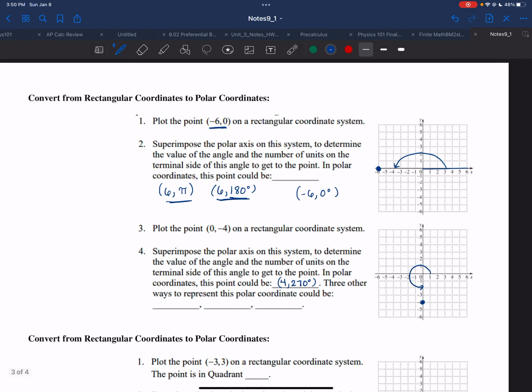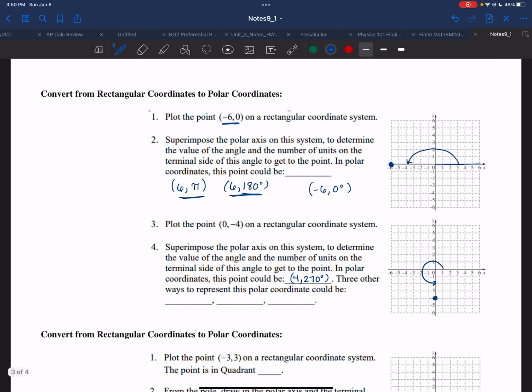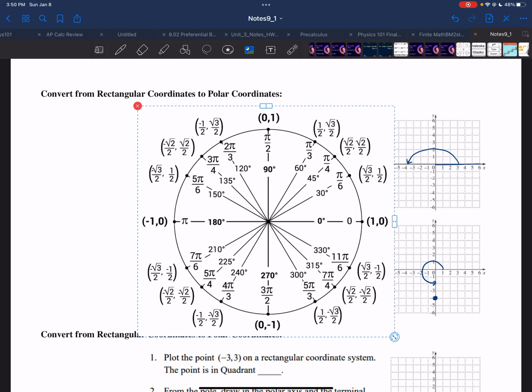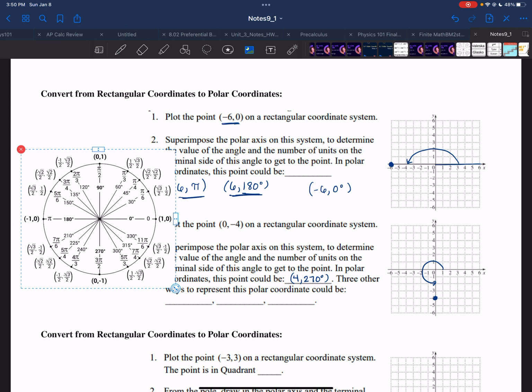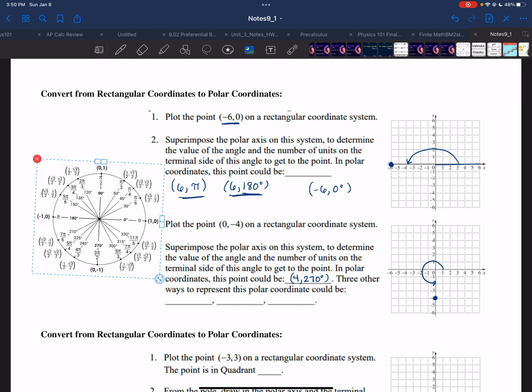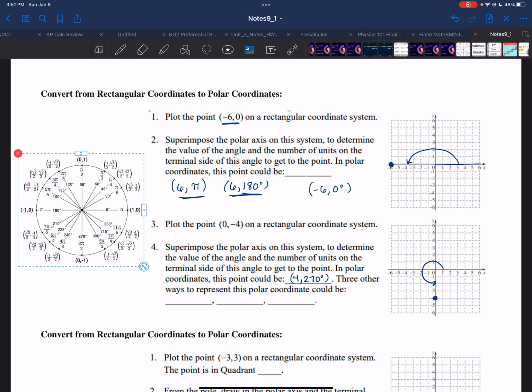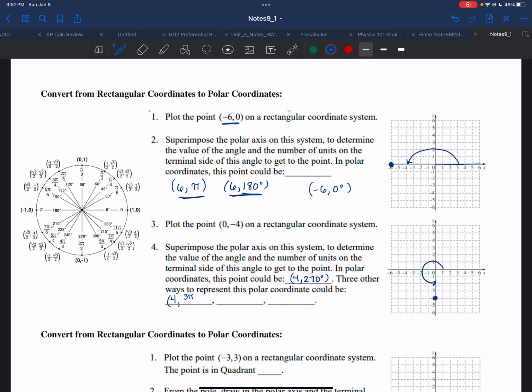Okay, and then what we can do is look at what our equivalent is if we pull this into our unit circle, right? So 270 degrees is the same thing as 3 pi over 2. So I could say 4, 3 pi over 2.